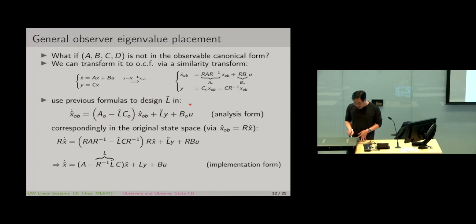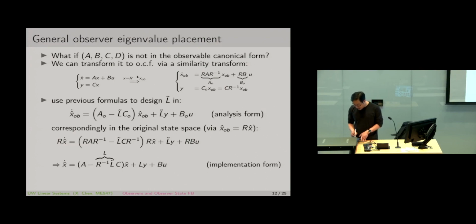We do the observer design and determine this L tilde using the previous subtraction form of the calculation. Once we get L tilde, we can go back to the original state space and compute the observer gain L for the original state.